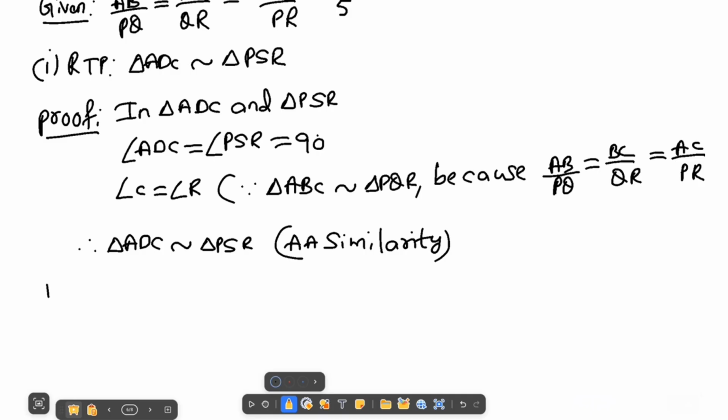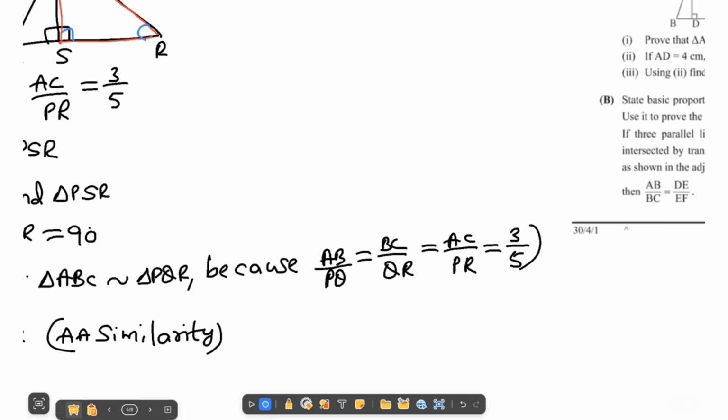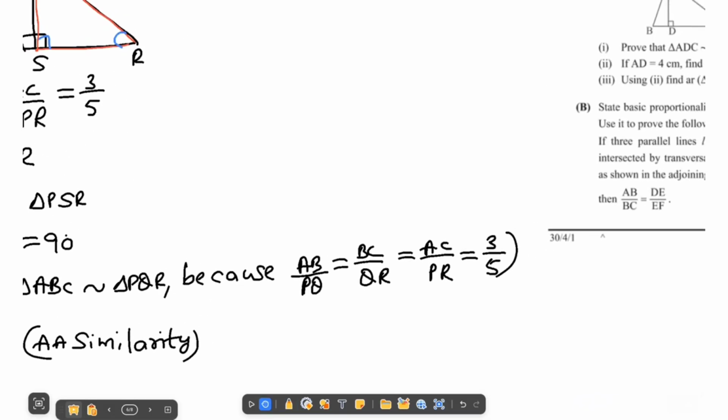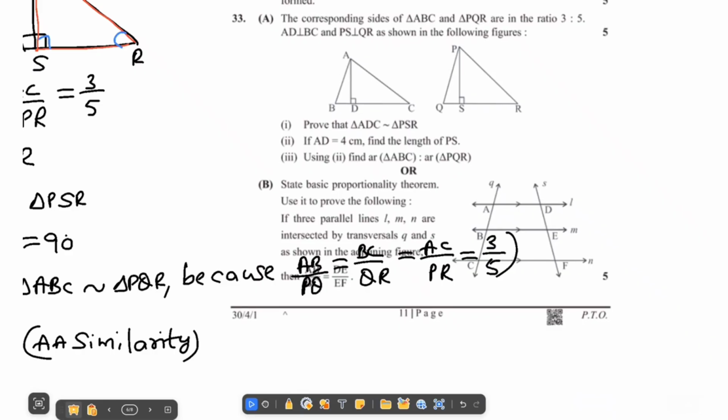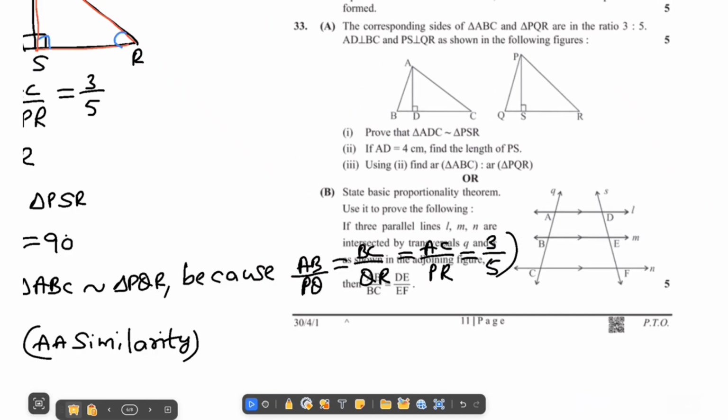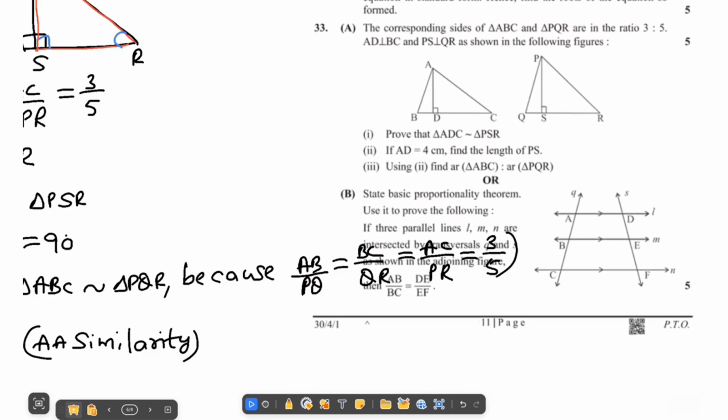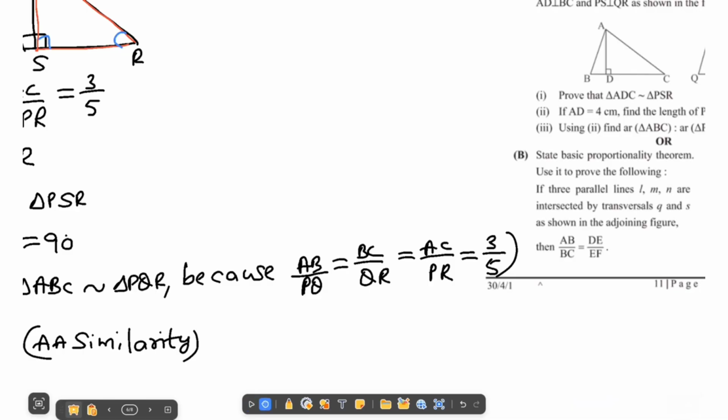So what is the second thing that we have to prove? The second one is, it is given that if AD is 4, then find the length of PS.